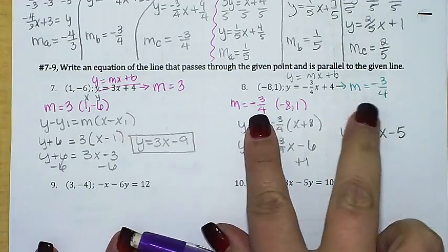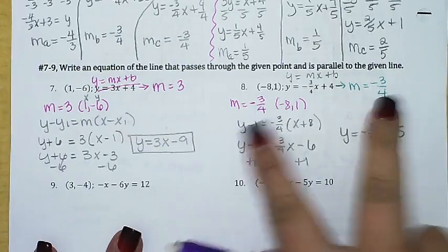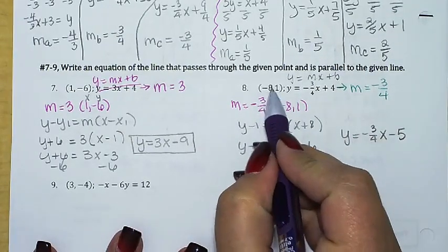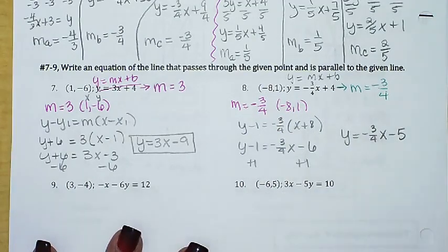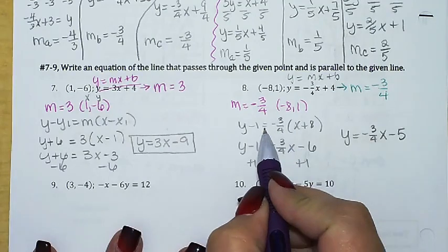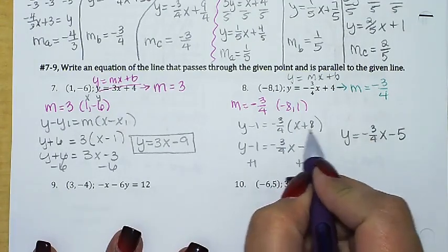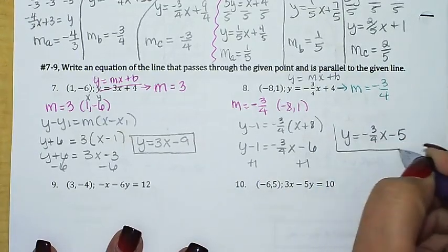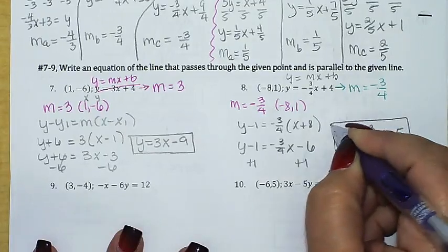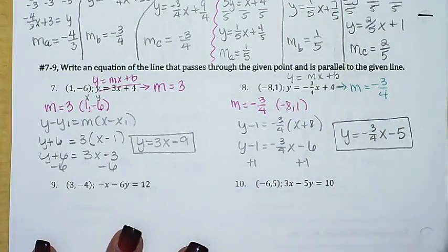My new line had to have the same matching slope so that they'll be parallel, but we want our line to pass through negative 8, 1. That's the point that I used in my point slope. I inserted the slope, the y coordinate, the x coordinate, and then all I have to do is distribute and move the 1. This would be the equation of our new line. It would be guaranteed to be parallel to the original one, and this one would pass through the desired point.